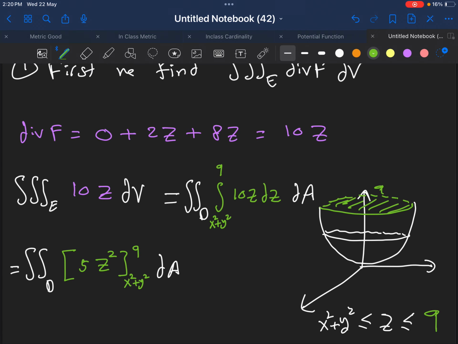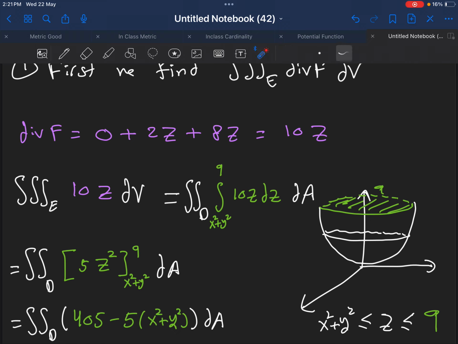And now this integral is 405 minus 5 times (x squared plus y squared) dA. So this is the double integral that I need to find.